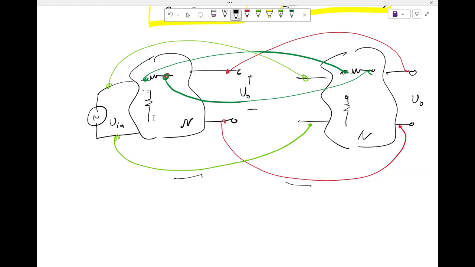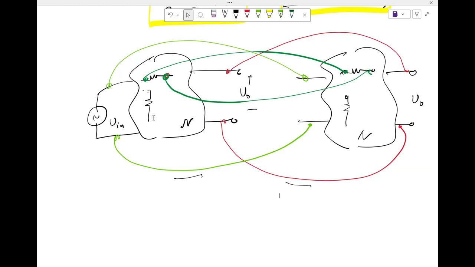If I connect these two networks the way I showed, what is the power dissipated compared to the previous case with only one network? Twice, right? If one network has PDIS, two networks will have twice PDIS. So we have established two things: if we connect it like this, the power dissipation doubles and the signal transfer function doesn't change. Now we have to establish what happens to the noise. That's what we are going to do next.